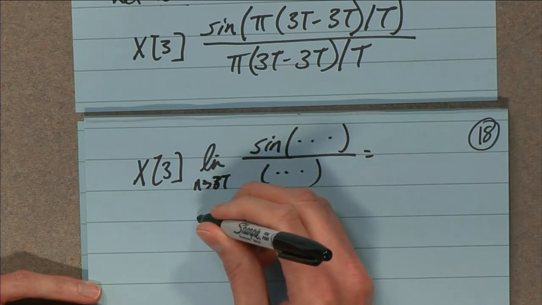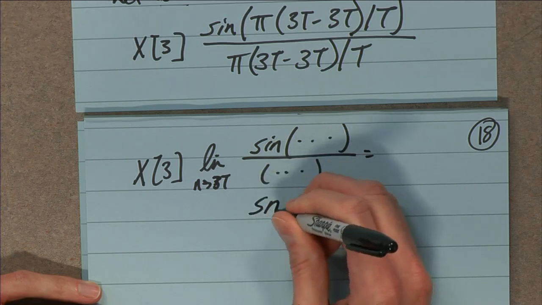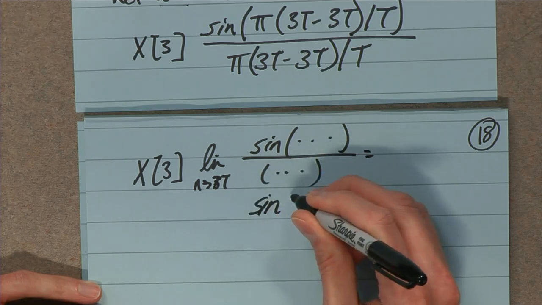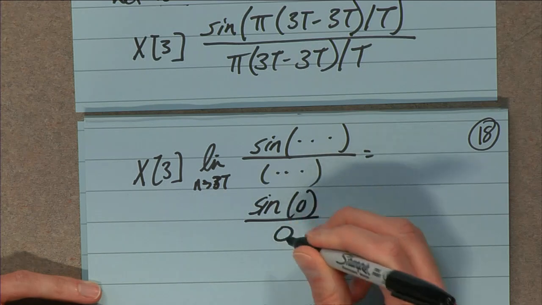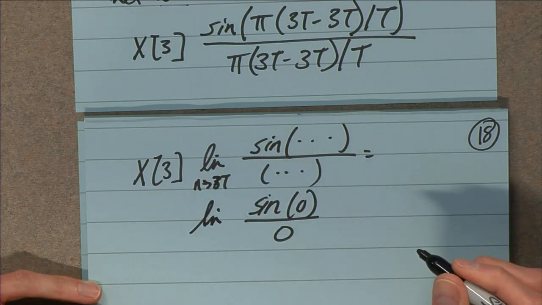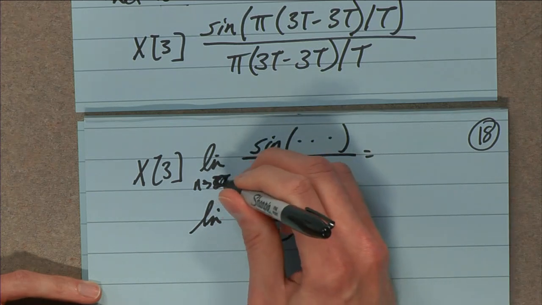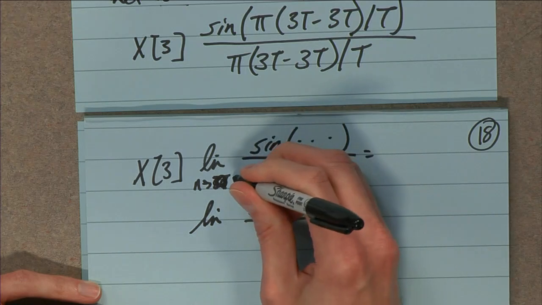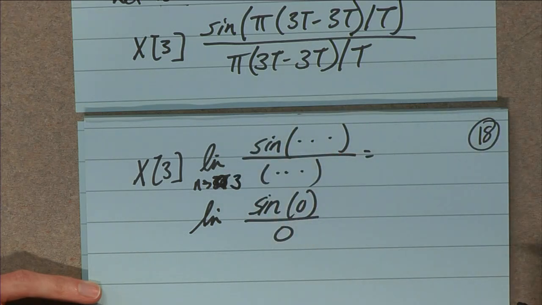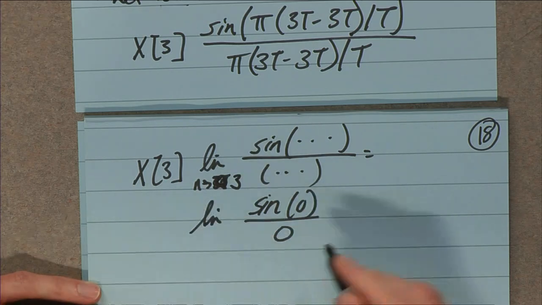So this is approaching sine of 0 over 0. Wait, is it the limit as n approaches 3 or 3T? It should be approaching 3, because it can't be 3T, can it? Now I'm not sure that's very good math to have, because n is an index.